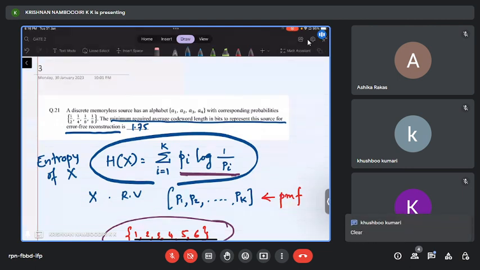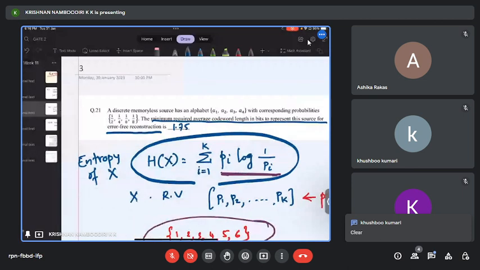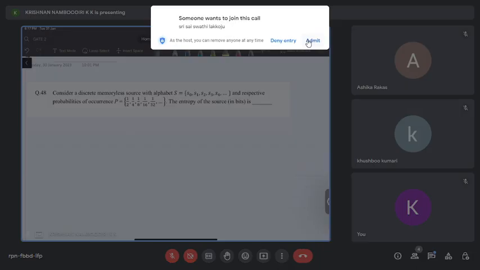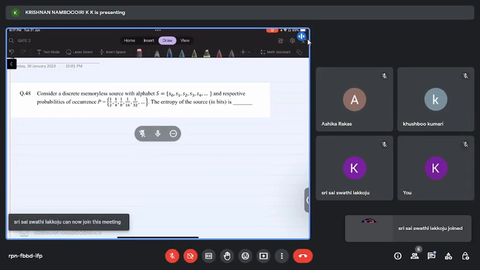Okay, then let us see one more question regarding this same idea. Here they have directly asked to find out the entropy of the source. Consider a discrete memoryless source with alphabet S0, S1, S2, S3, S4 up to infinity. In the previous case, we have seen the source emits only 4 alphabets.